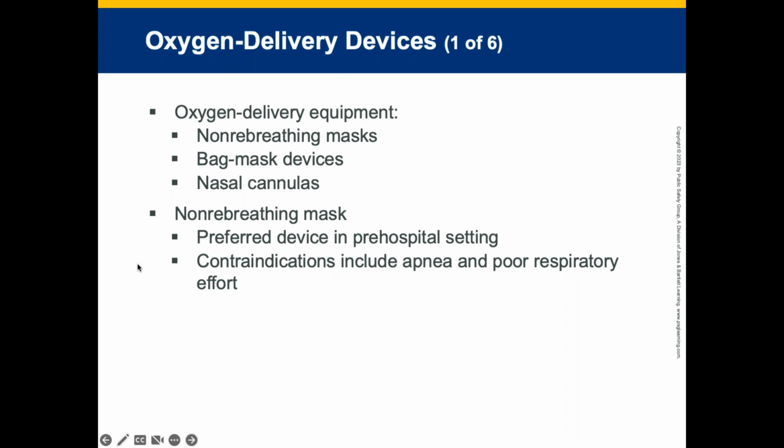So non-rebreather mask, 90% at 10 to 15 liters per minute. Bag valve mask, 15 liters per minute, 100% delivery. Nasal cannula, 1 to 6 liters per minute with 22 to 44% delivery. The non-rebreather mask is the preferred device in the pre-hospital setting because the book says so.